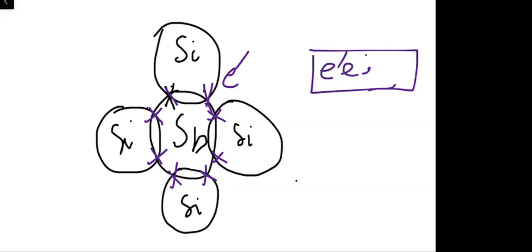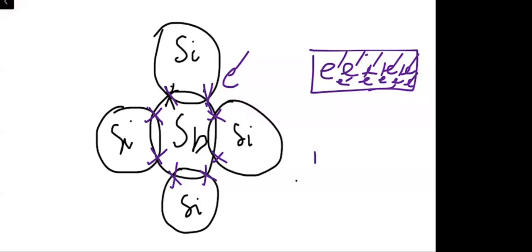So depending upon the number of impurity atoms added, as many atoms as are added, we will have that many free electrons available in the conduction band due to the addition of the pentavalent impurity.